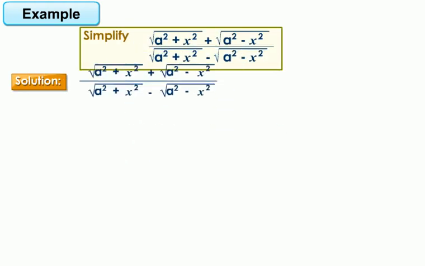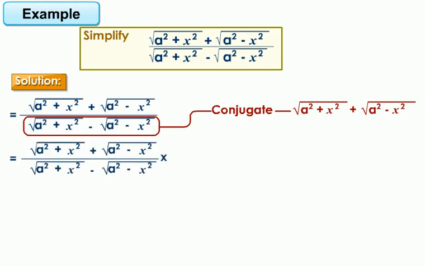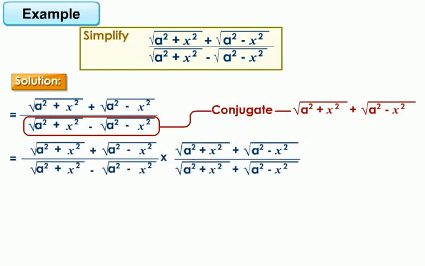Here, the conjugate of under root a square plus x square minus under root a square minus x square is under root a square plus x square plus under root a square minus x square. We multiply numerator and denominator by it to rationalize the denominator.